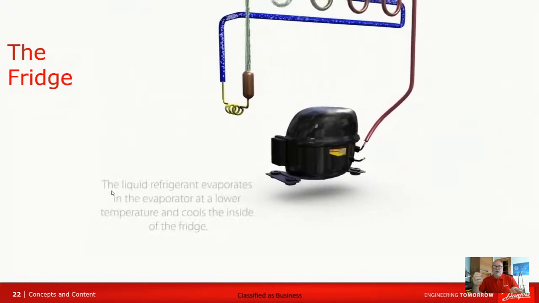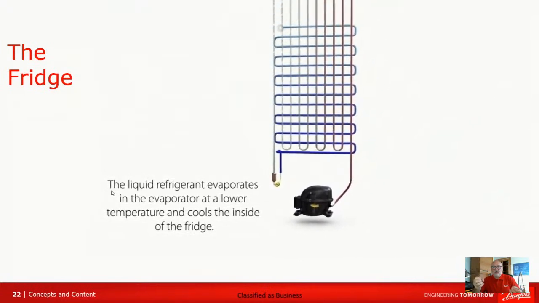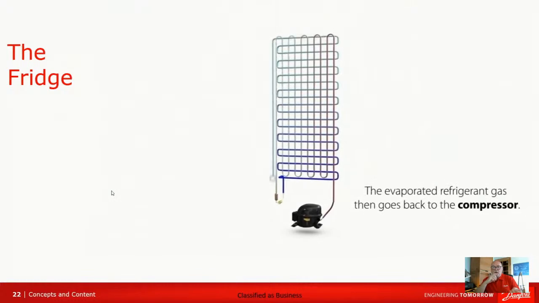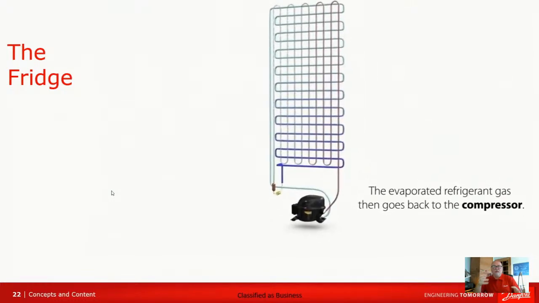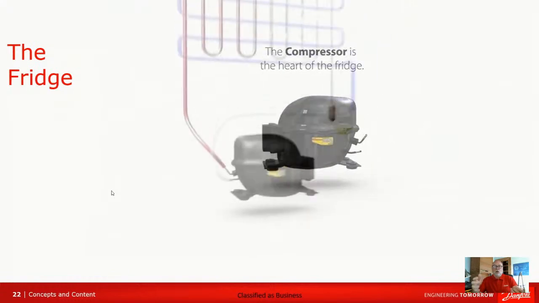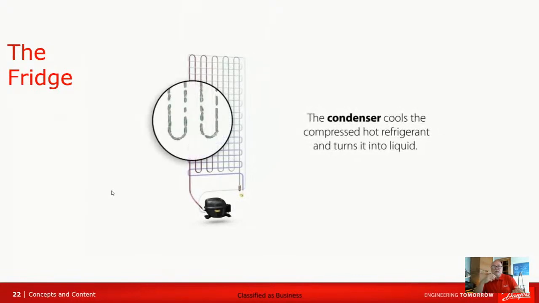So the evaporating refrigerant is stealing, it's taking energy out of the surroundings, here the foodstuff. And the compressor pumps the heat and pressurized refrigerant back to the rear of the fridge, where it dissipates the heat or energy it just stole from whatever is in the fridge, if it's milk or if it's something else.